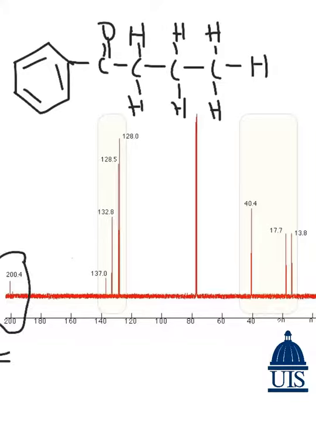So that's going to be our carbon double bond to O, located right here in our molecule. In addition, we see that these carbons in this region are falling within the aromatic range of the downfield shift on the C13 NMR. So these are going to be our aromatic carbons.